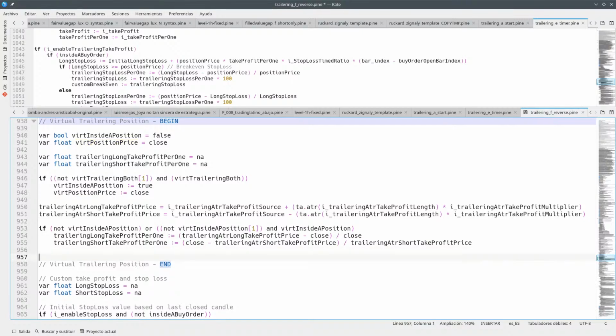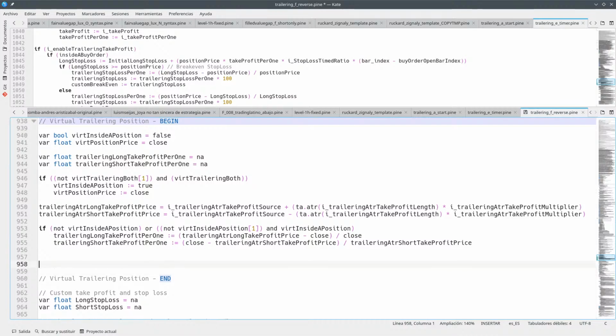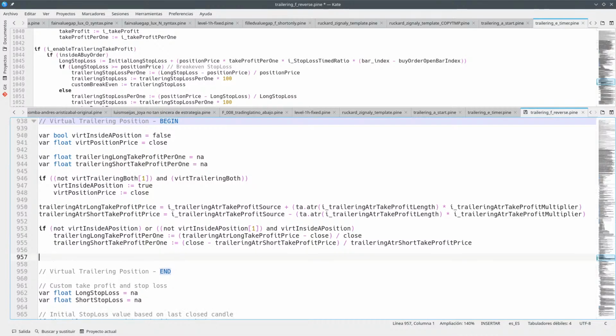And I also want to add down here code in order to know if we have reached or not these take profits, so that we can know that we are not inside the trade.